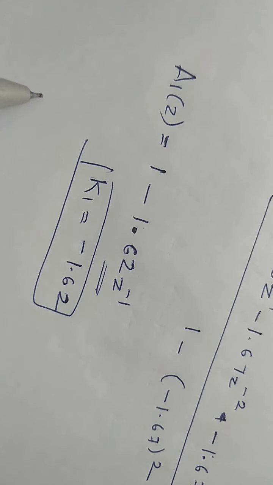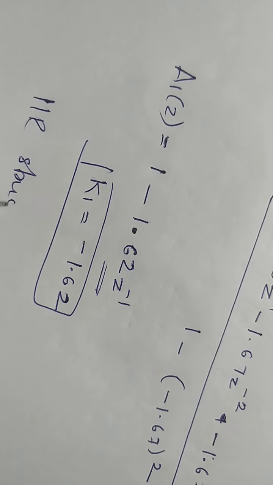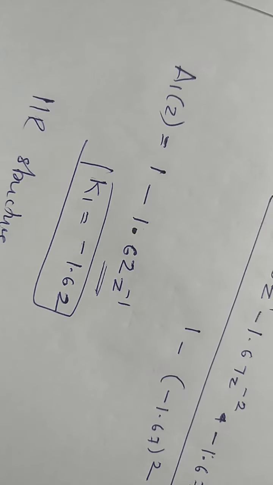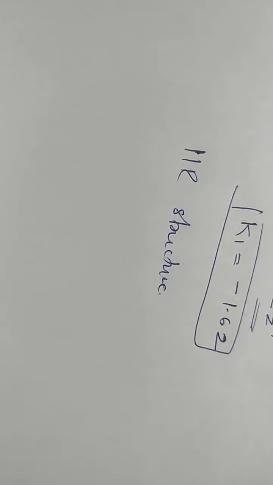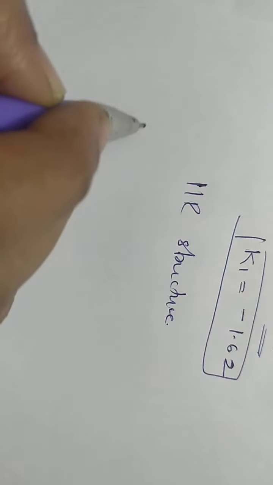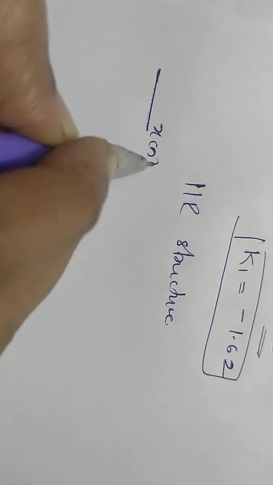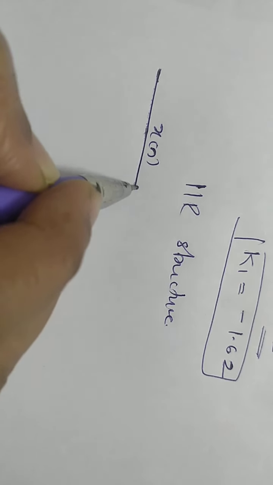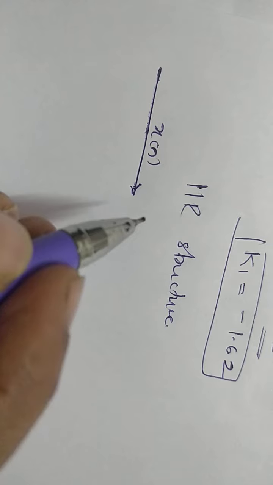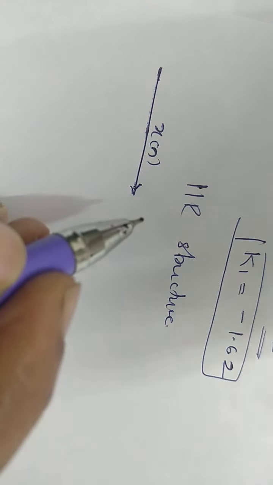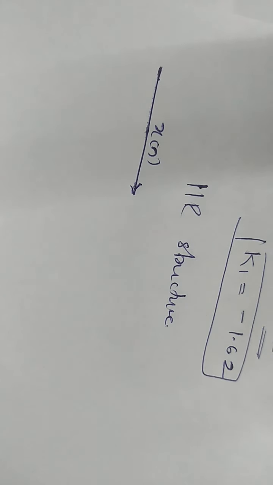So we can draw the IIR structure, lattice structure, in such a way that first draw the input term. What is the input term? X of n is the input term. Okay. In the case of lattice structure, the adder terms are put before the delayed terms.